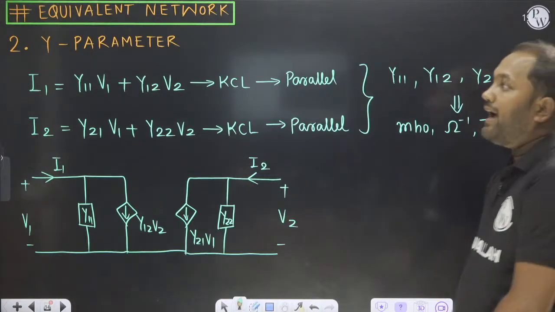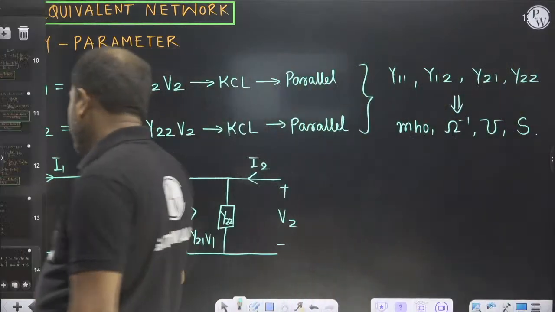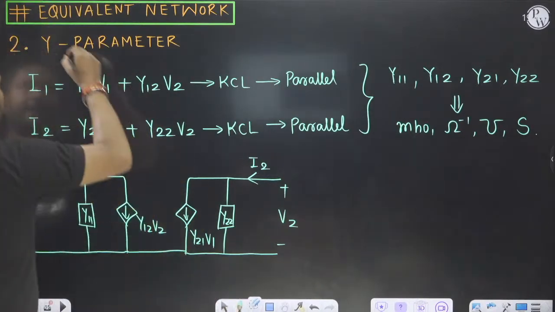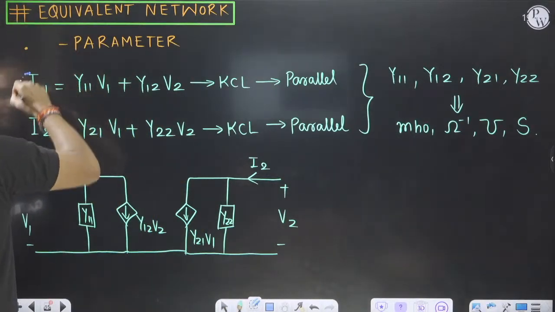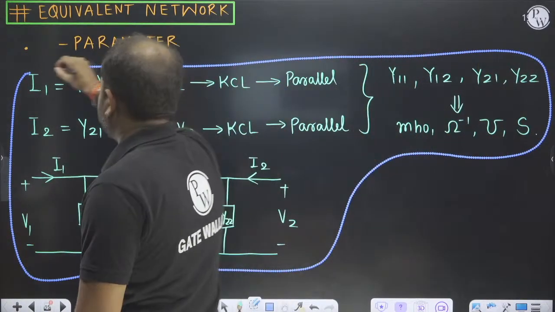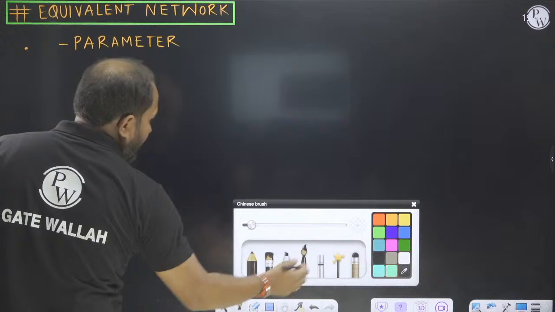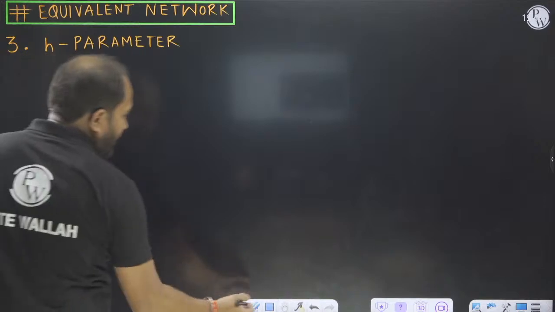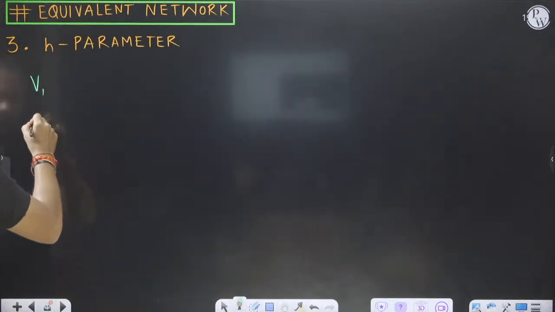Then we have the hybrid parameter, the H parameter. What is the H parameter? The third one is the H parameter. In the case of the H parameter, we have V1 and I2.